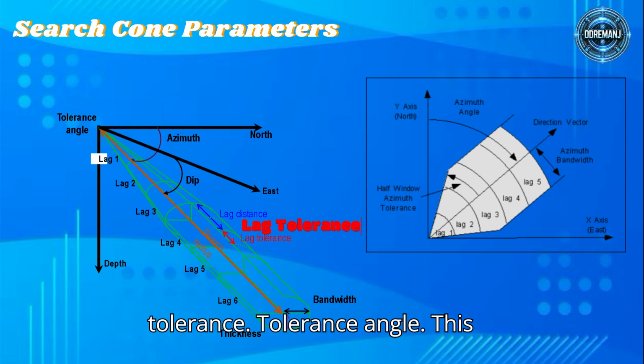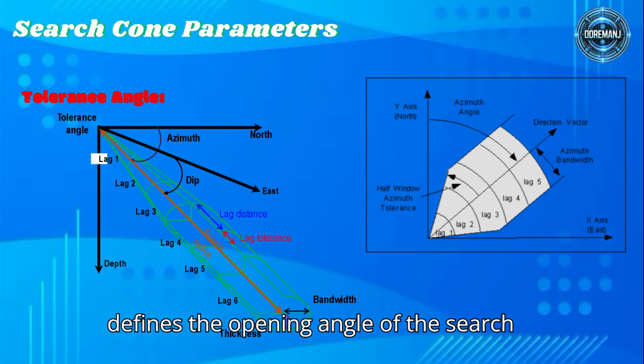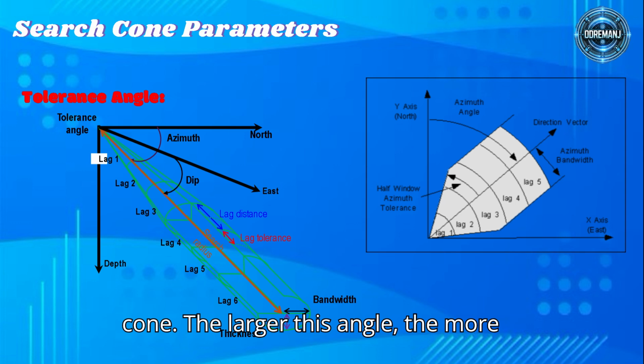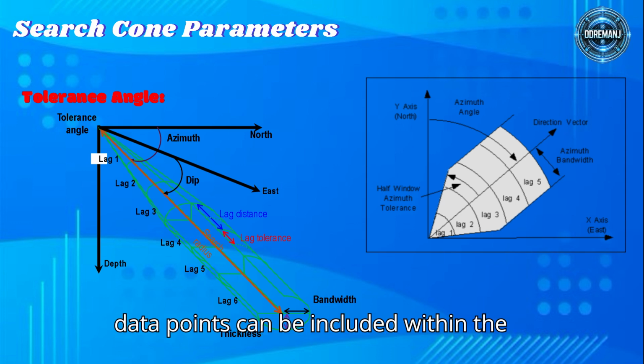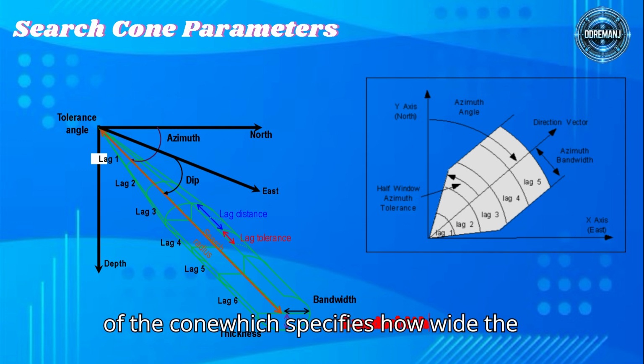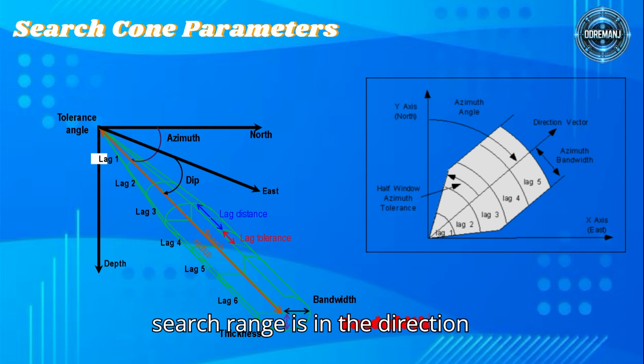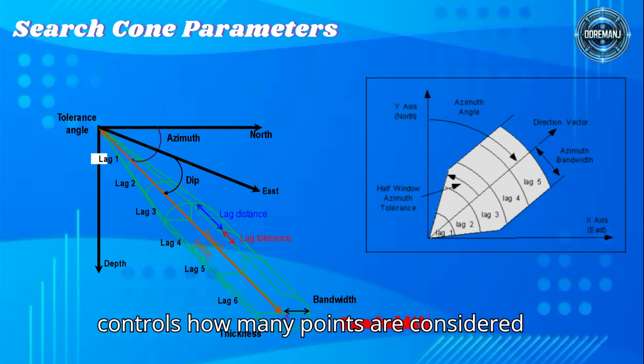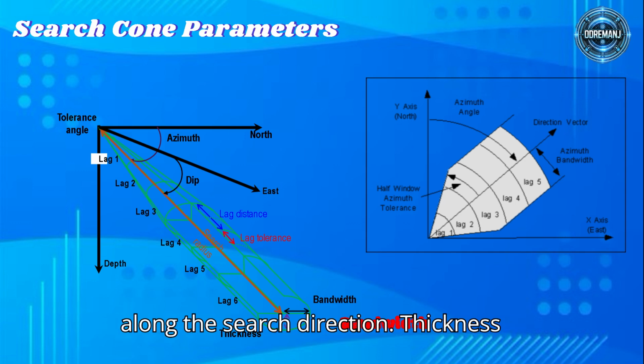Tolerance angle. This defines the opening angle of the search cone. The larger this angle, the more data points can be included within the search region. Bandwidth. The width of the cone, which specifies how wide the search range is in the direction perpendicular to the main axis. It controls how many points are considered along the search direction.